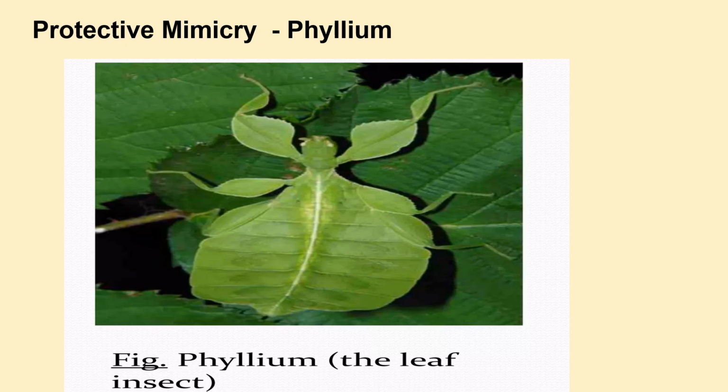The leaf insect lives among green leaves and trees. Its wings and legs are green like the color of leaves. Again, its legs are flattened and the wings have venation similar to leaves. Thus, the insect cannot be distinguished from the leaves and this helps it to escape from its predator.